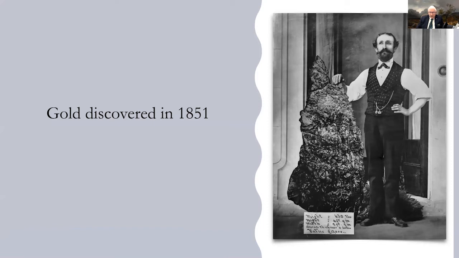Now, there were some other things that gave a pretty good incentive to go to Australia, because gold was discovered there in 1851. And yes, the information on the right-hand side about that gold nugget is true. It was 630 pounds of gold in one nugget. Interesting stories about how some of these huge nuggets were found, and you'll notice down at the bottom it says the value was about 12,000 pounds.